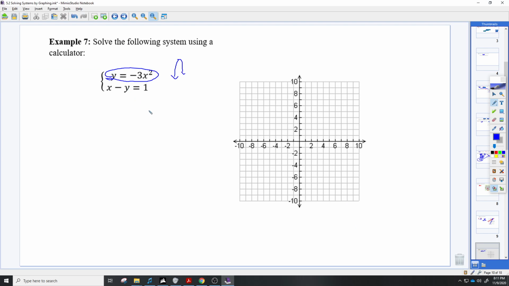So we actually have to put it into y equals. So let's solve this equation for y. So how do we get the y by itself? Not too bad. We just have to subtract the x on both sides. So it becomes -y equals -x plus 1.